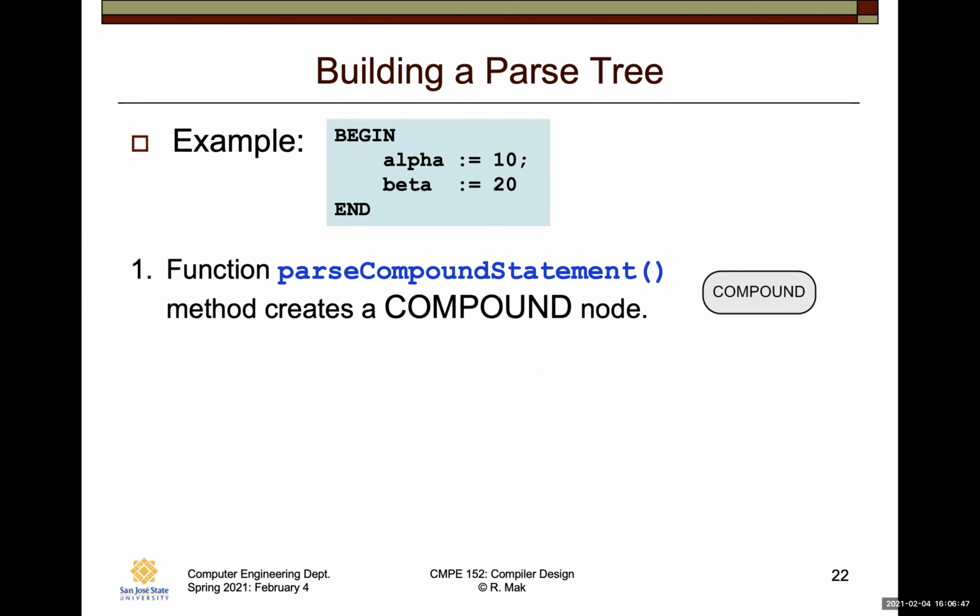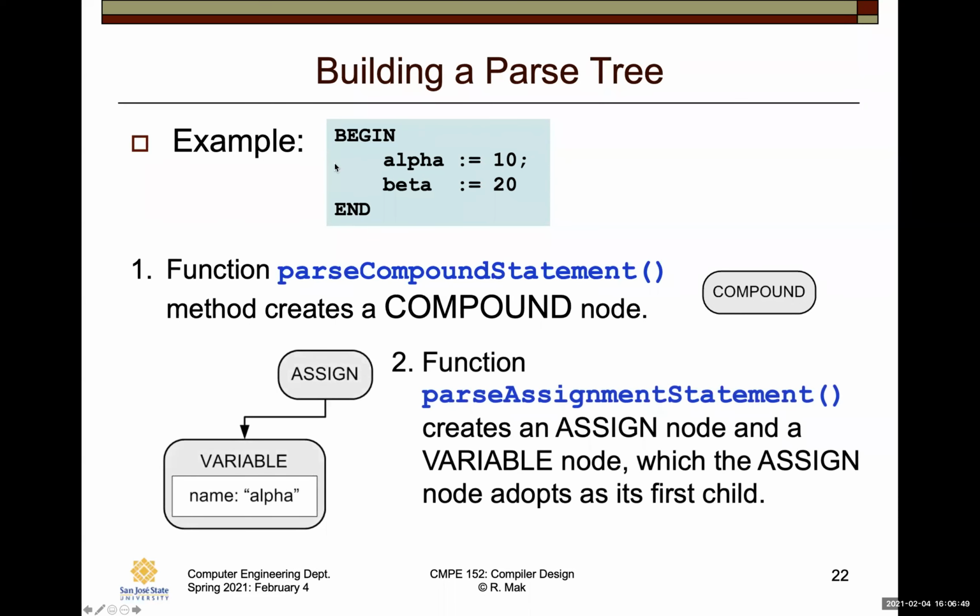Then parse compound statement is going to call parse assignment statement, because the first statement in the statement list is an assignment statement. Well, what does parse assignment statement do? First thing it will do is create an assign node. Then it has to deal with the left-hand side, which for an assignment statement is just a variable. So then it will create a variable node as the first child of the assign node.